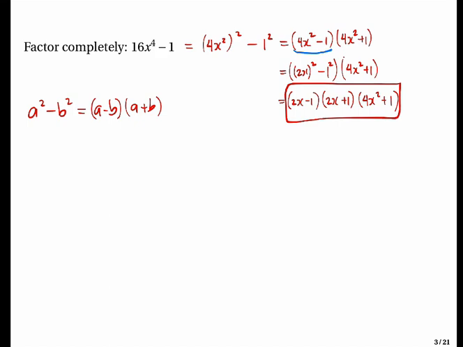For the next problem, here we want to factor completely the expression 4 times quantity x plus 2, squared, plus 20 times quantity x plus 2, plus 25. So this expression is a quadratic in form expression.